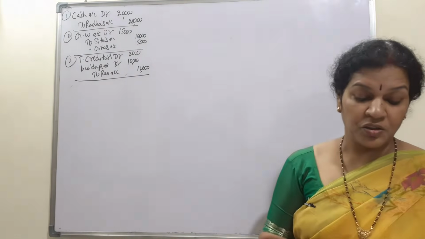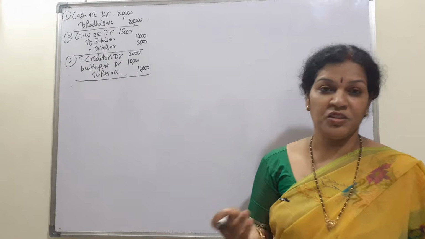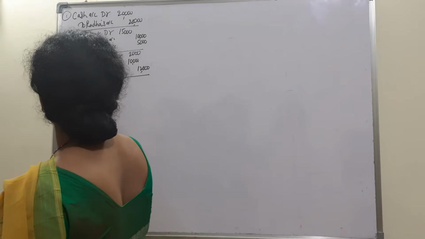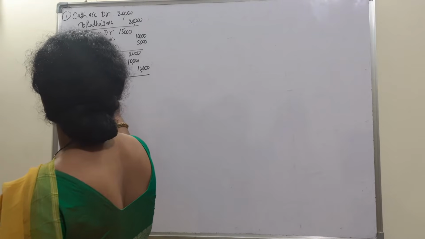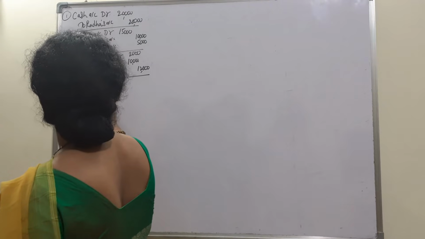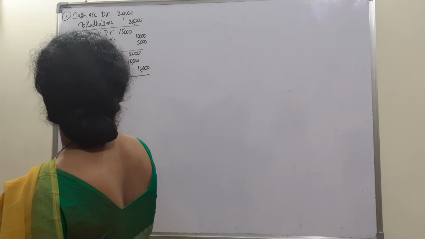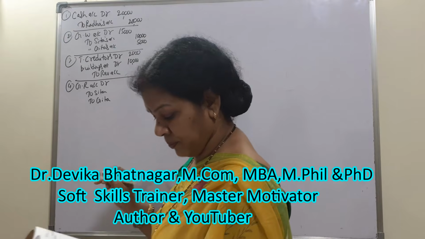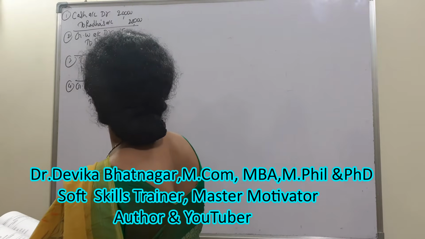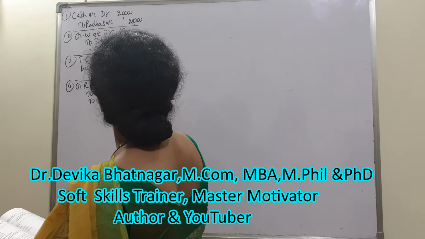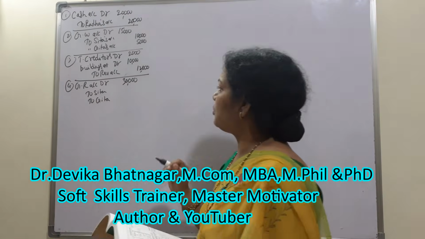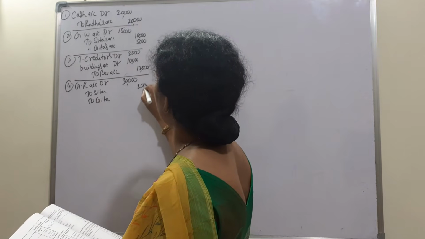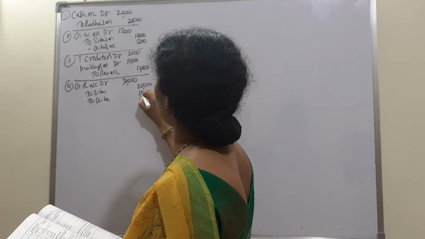Next, general reserve is given on the liability side. General reserve is to be distributed to the old partners: general reserve account debtor to Sita and to Geeta. General reserve is 30,000, in the same ratio, so it comes to 20,000 and 10,000.